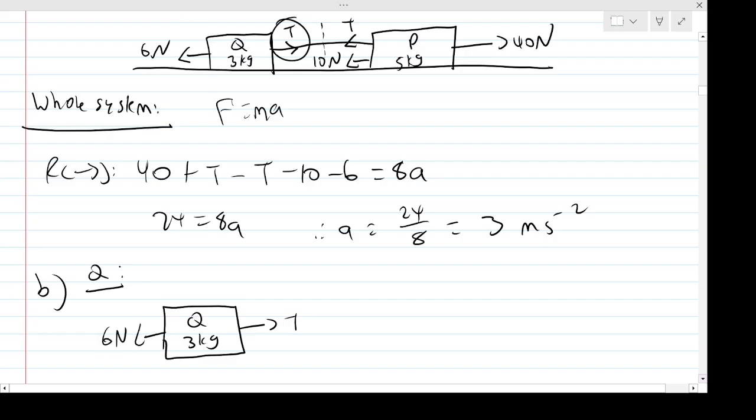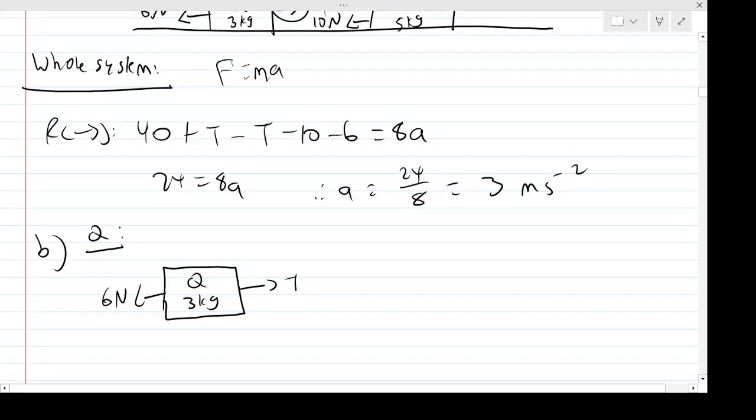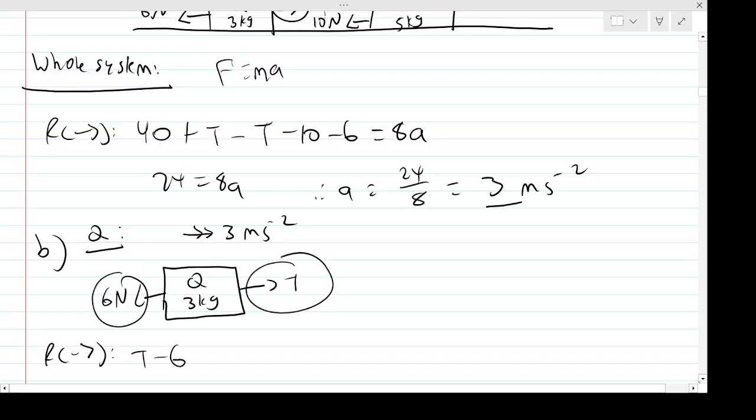So if I do F equals ma on this Q, resolving forwards, and it's accelerating at 3, that's what we worked out, the forwards force is T, take away 6 newtons.